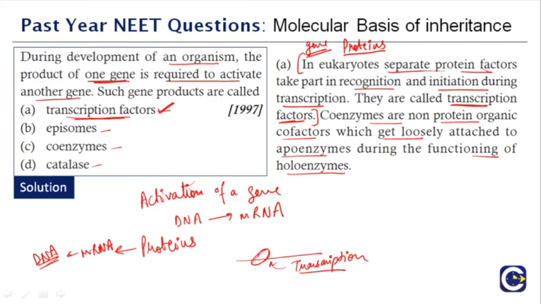So transcription factors can sometimes bind to certain cofactors, and once they bind, they attain their full properties. Also, coenzymes sometimes bind to certain enzymes and make those enzymes complete. But for this question you need to remember, and otherwise also, that transcription factors are proteins. Right option is A.